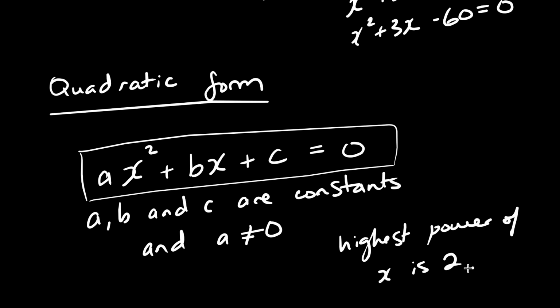Whenever you see a polynomial where the highest power of x, or of your unknown, your variable, is 2, it's going to be quadratic. And of course, we have three constants there, a, b, and c, where a and b, since they multiply a variable, are called coefficients, but they're all effectively constants, right? So this is our quadratic form.